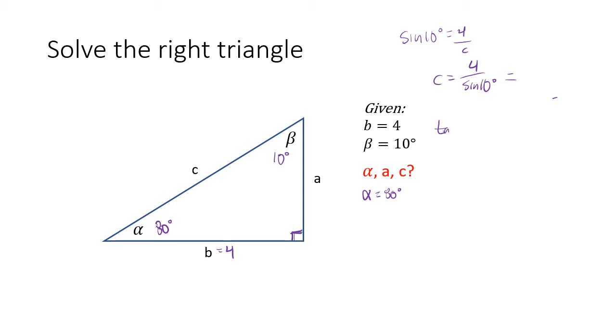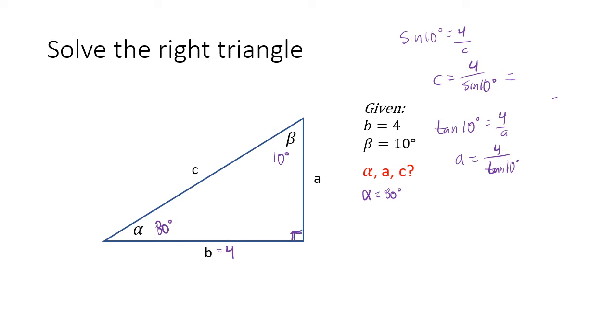Say the tangent of the 10-degree angle is equal to 4 divided by A. So A is equal to 4 divided by the tangent of 10 degrees. And this is totally fine. You could set this up and solve these. What I'm getting at here is that certain information in the triangle will be given to you. So use that angle and use the appropriate trig ratio to solve for the side that you don't know.